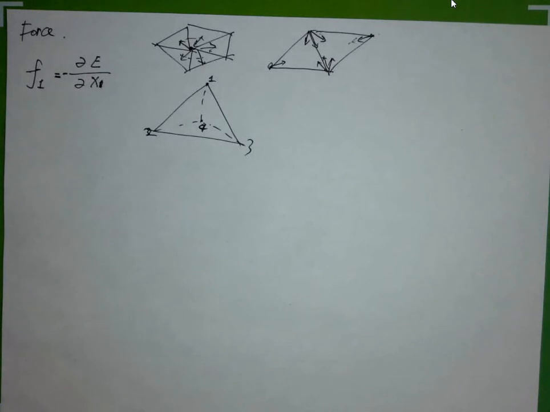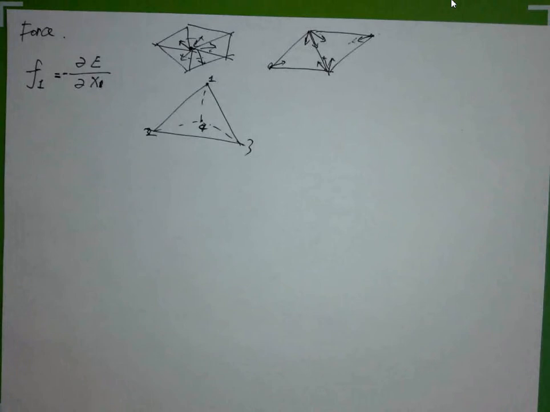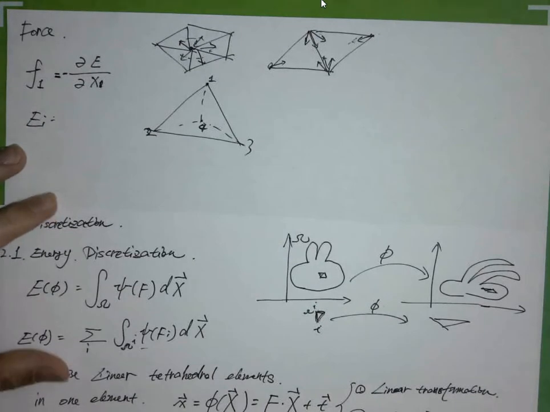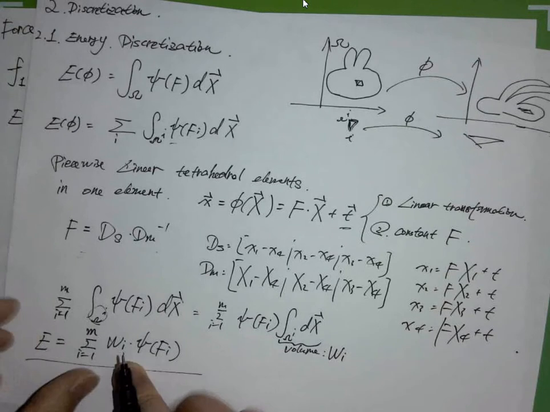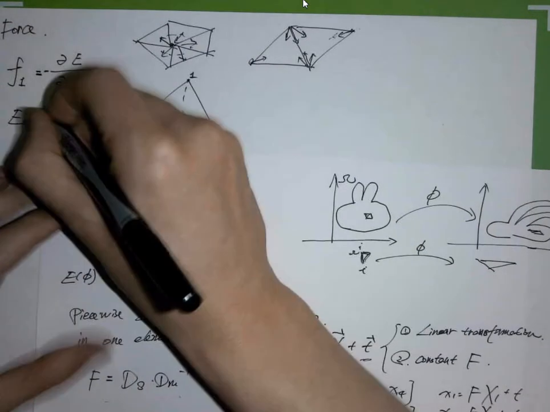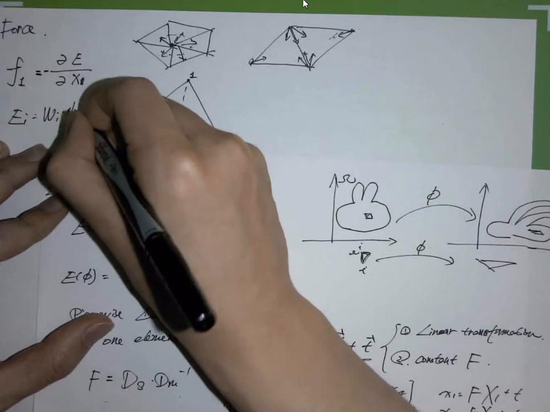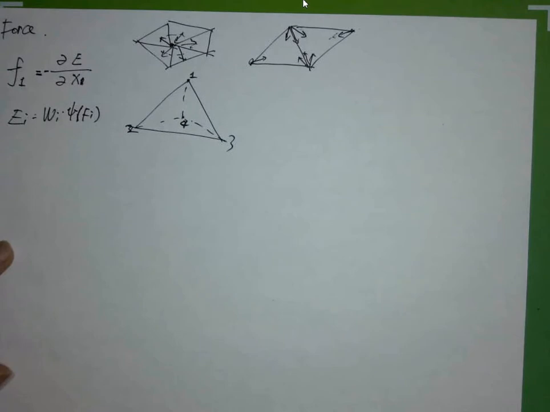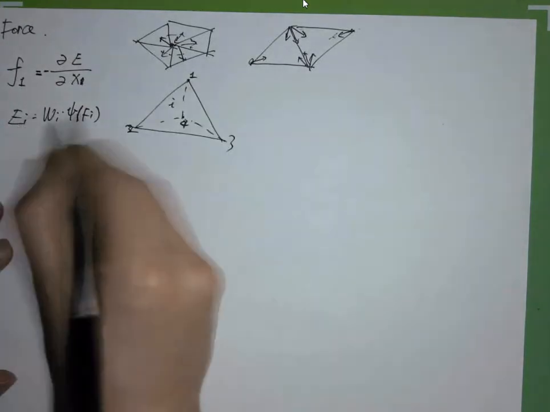All right, and because we know that, let me write it down. E_i equals w_i multiplied by phi of F_i. And here, because I'm just considering this element i, I'm going to omit this subscript i.